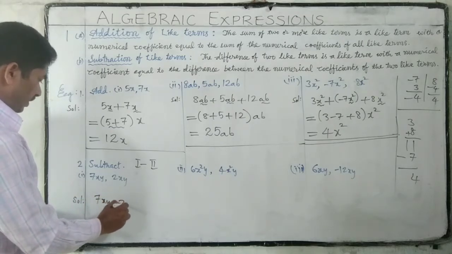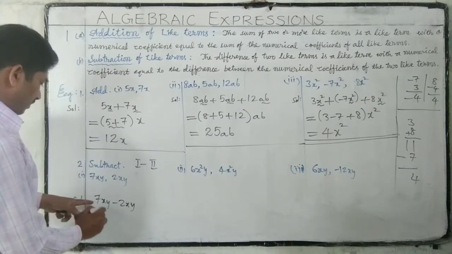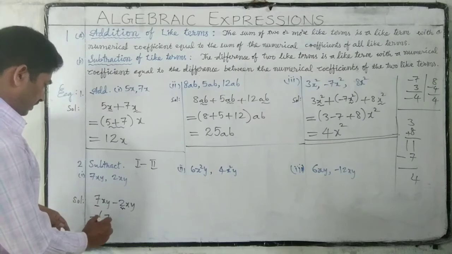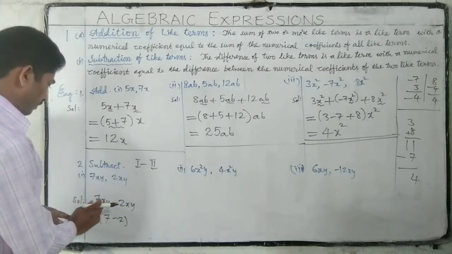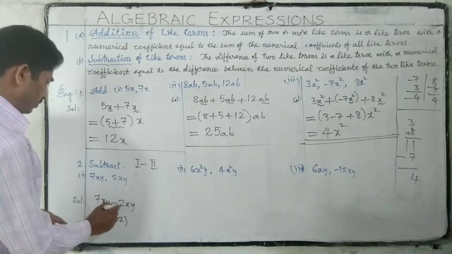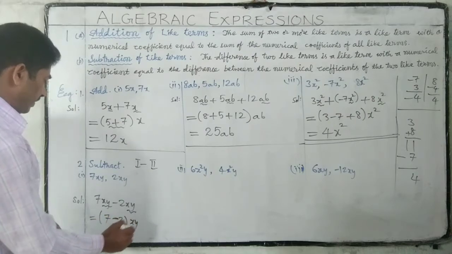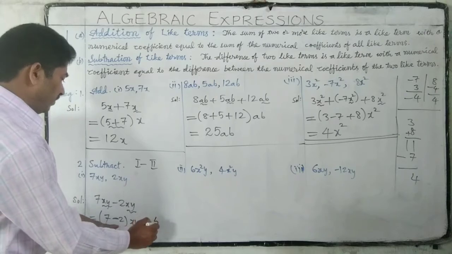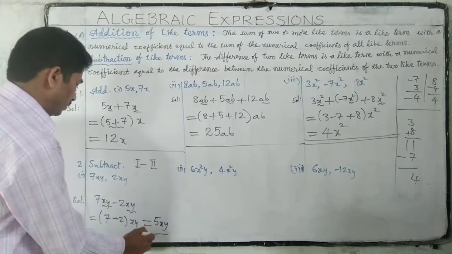7xy minus 2xy. We have to subtract this. 7 minus 2, xy is common. These are like terms. 7 minus 2 is 5, 5xy. So this is the answer.